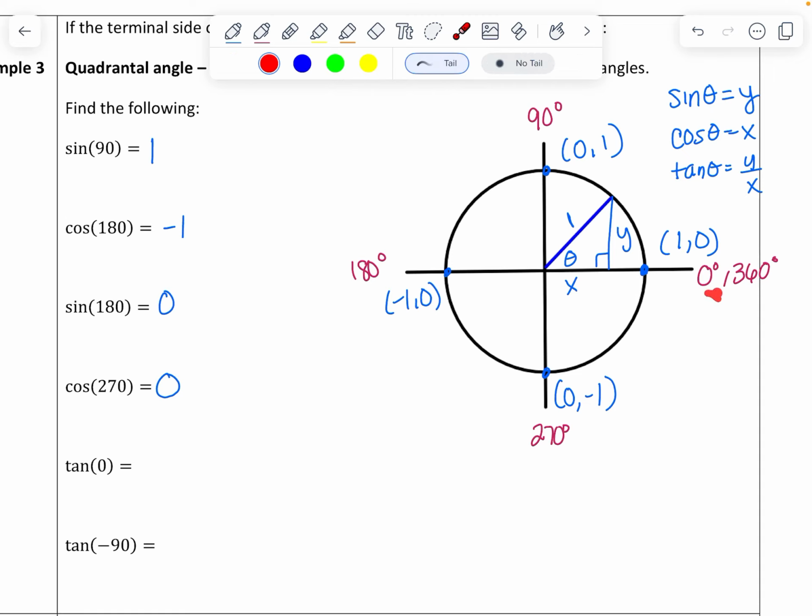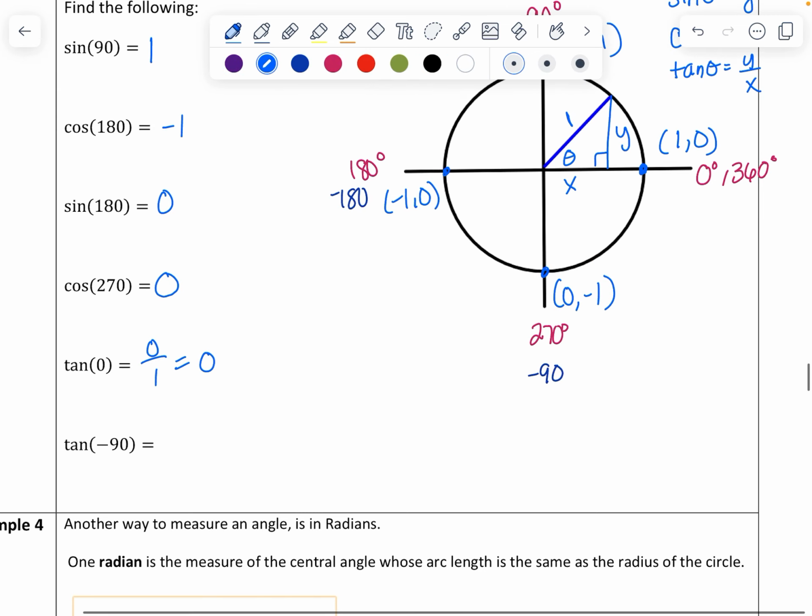Tangent of 0, so 0 degrees is the positive x-axis. Tangent is y over x, so 0 over 1, which would be 0. And then tangent of -90. For negative 90, you would go in the reverse direction. So this would be -90, -180, etc. Again, tangent is y over x, so you would have -1 over 0.